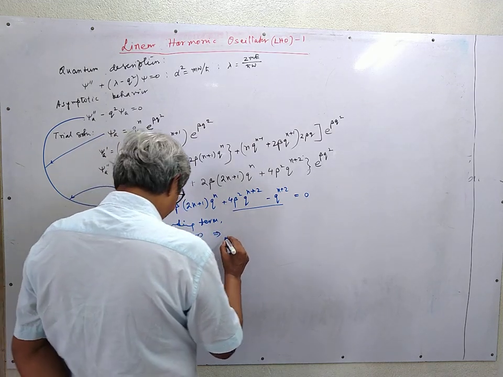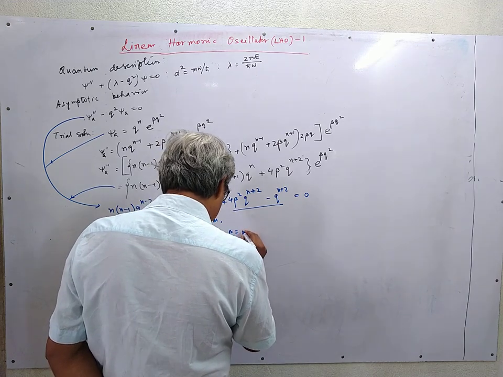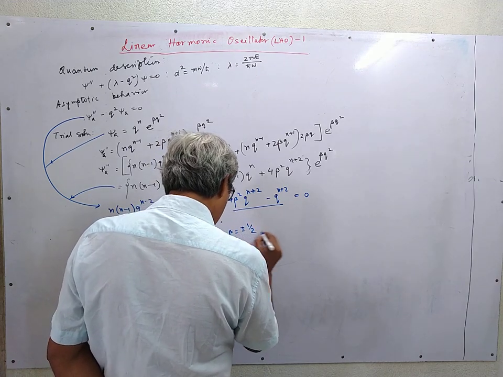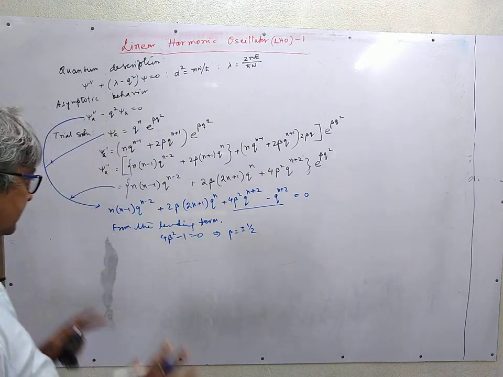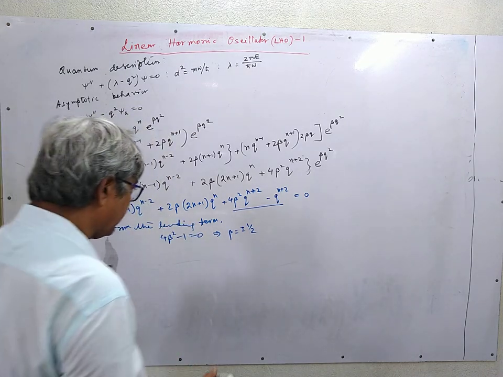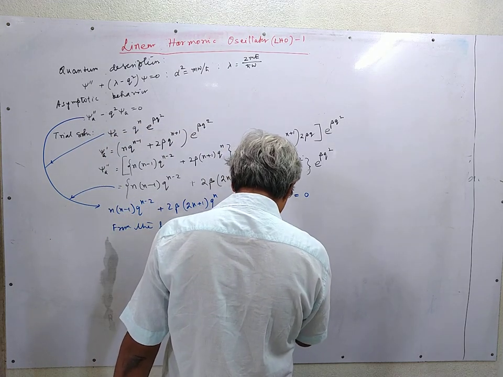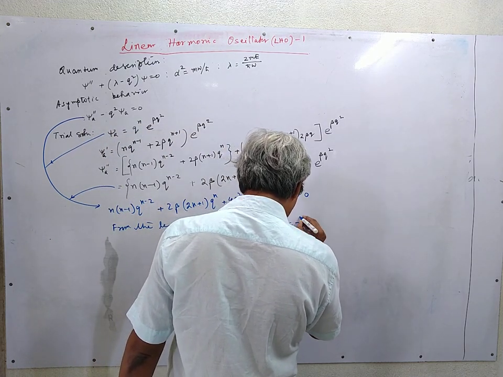That is, beta is equal to plus minus half, but plus half will make the wave function diverge at the asymptotic region. So the physically acceptable solution is beta is equal to minus half.